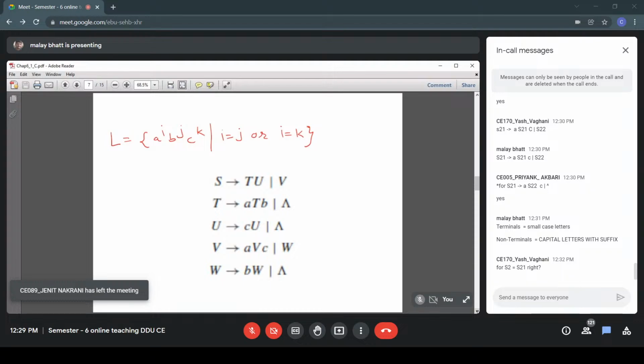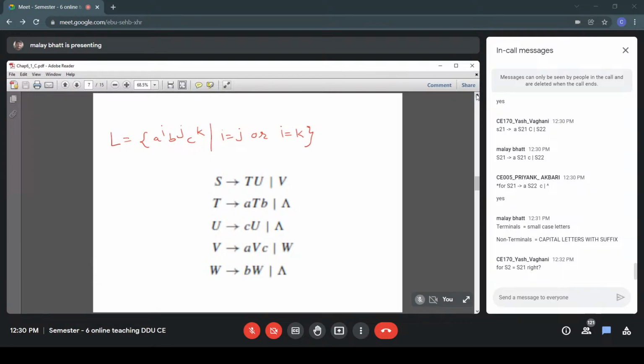Here we have C raised to K, which is independent when I is equal to J. When I is equal to K, we have B raised to J, which is independent.